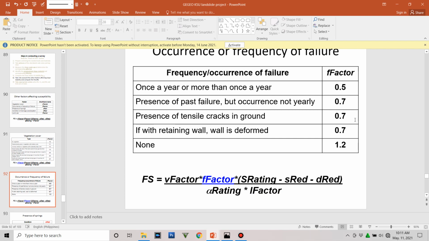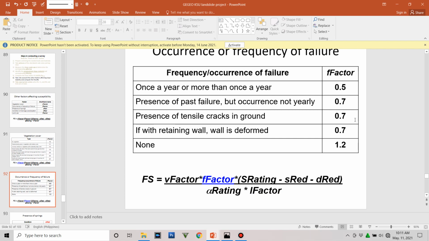So, occurrence or frequency of failure. If the occurrence is once a year or more than once a year, that is 0.5. So, hindi masyado nagfe-fail yan. Ito, yung pinaka frequent pala, no?